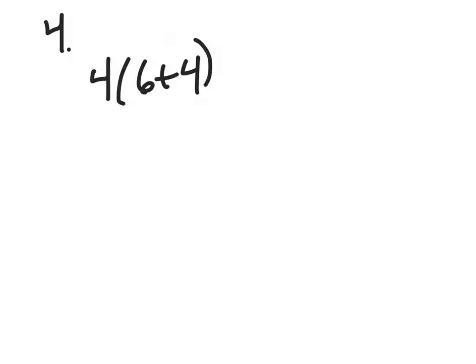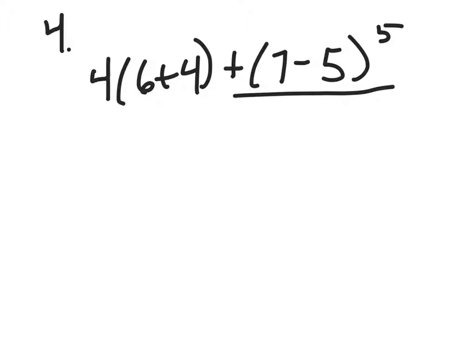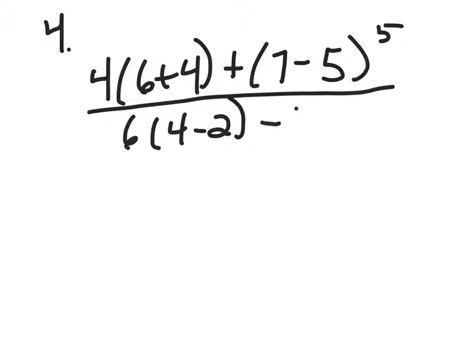Last but not least, problem number 4. 4 parentheses 6 plus 4 plus parentheses 7 minus 5 to the 5th power, all of that over 6 parentheses 4 minus 2 to the 2nd power.